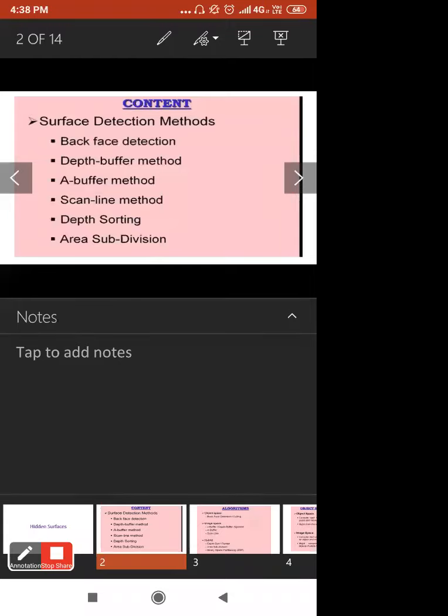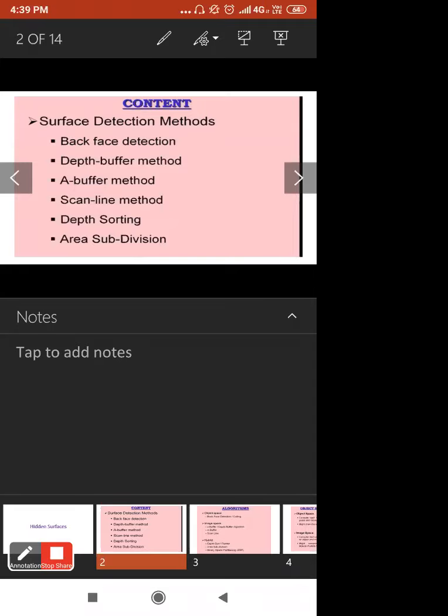Only the front faces can be seen by the viewer. So in back face detection we find out the back faces and we do not paint those faces. Then after, the depth buffer method, which is also called the z buffer method.